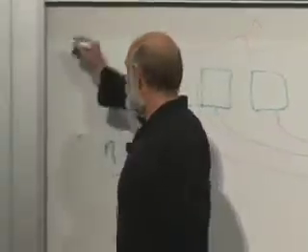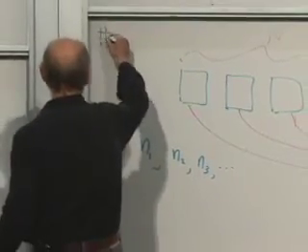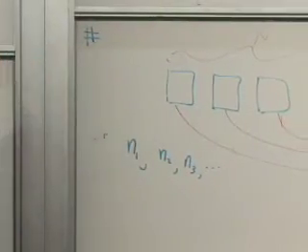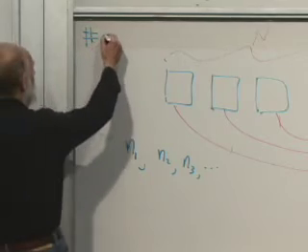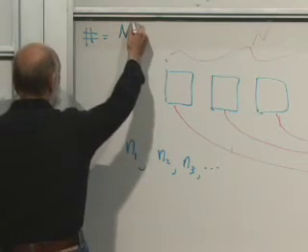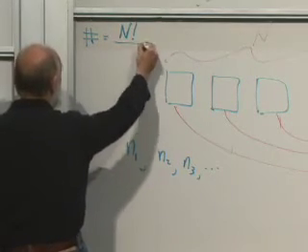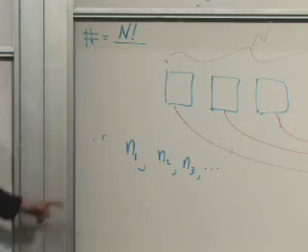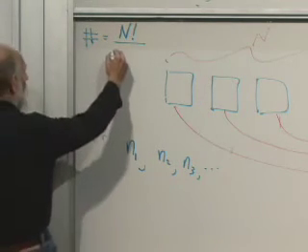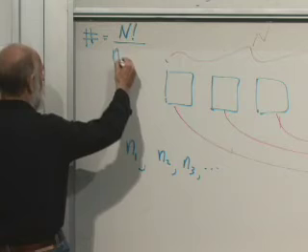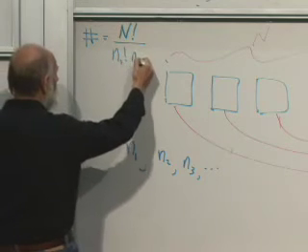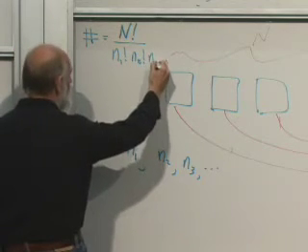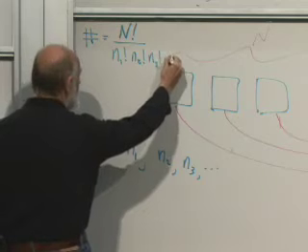I'll just call it number. Right. It is equal to capital N factorial divided by a product. And the product is n1 factorial, n2 factorial, n3 factorial, dot, dot, dot.